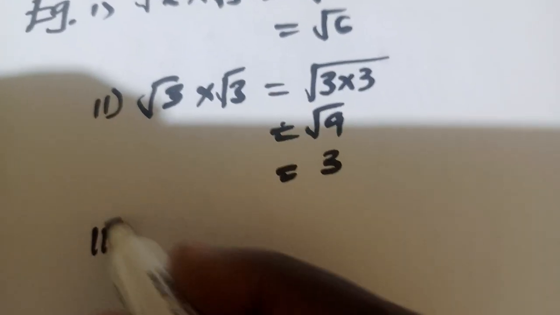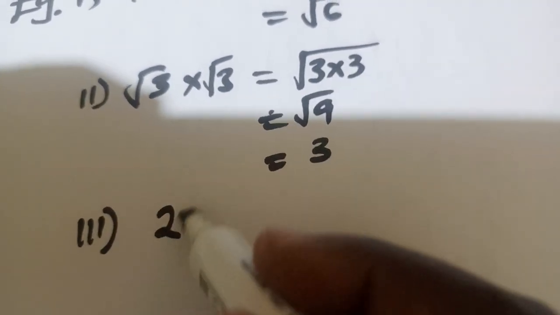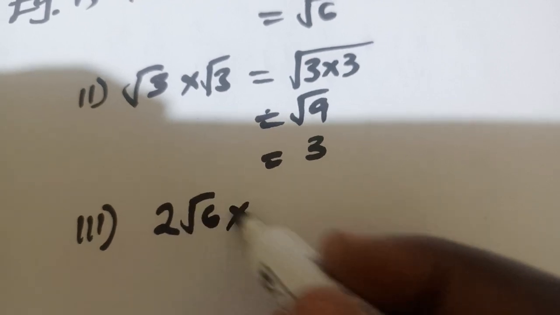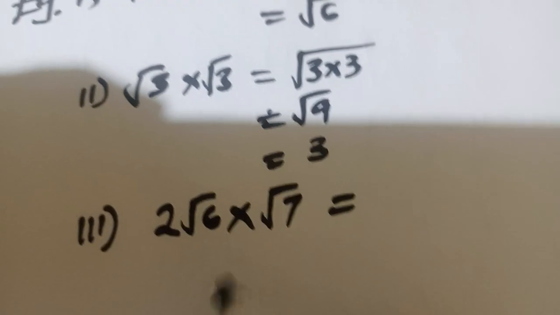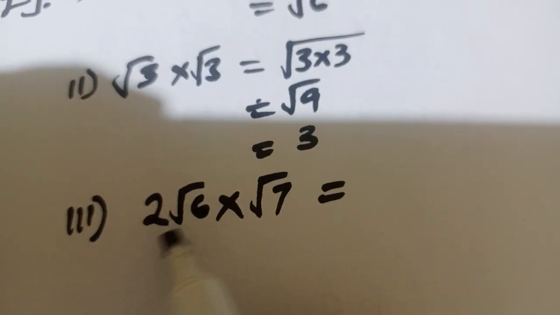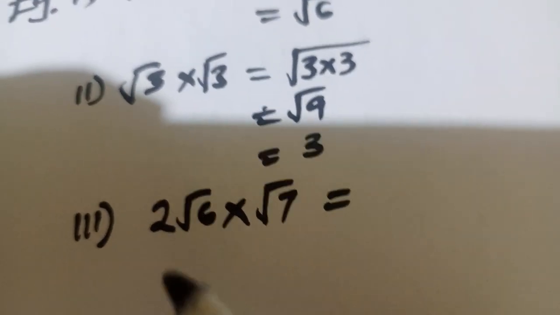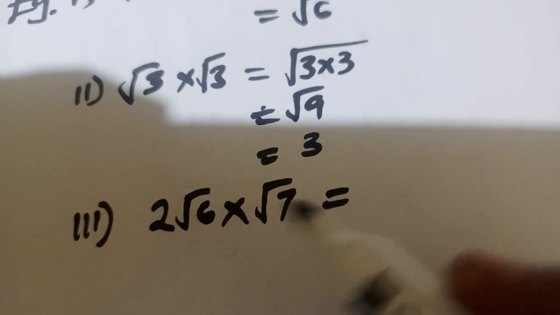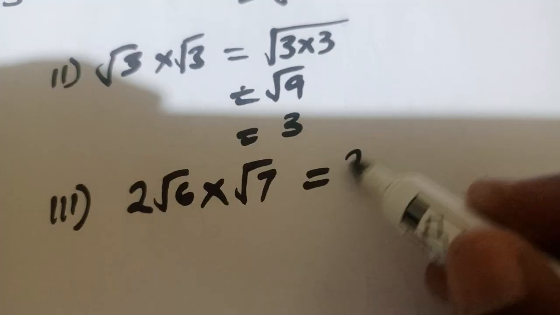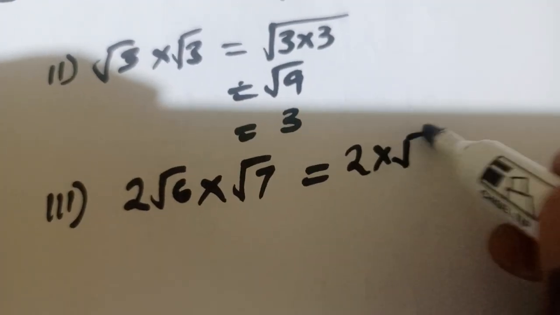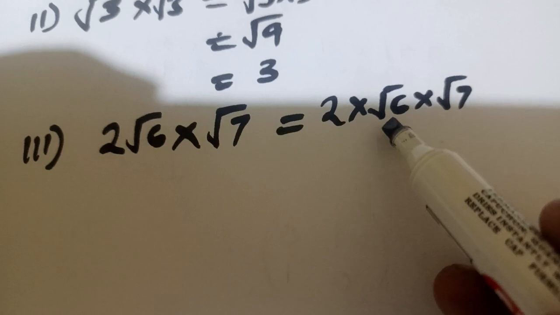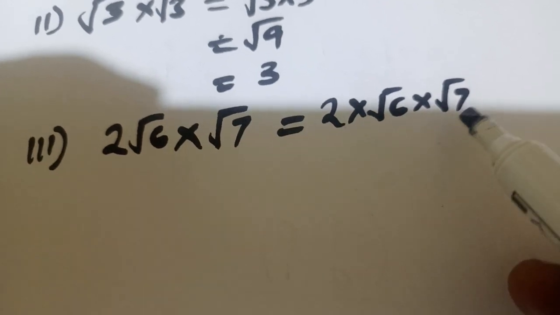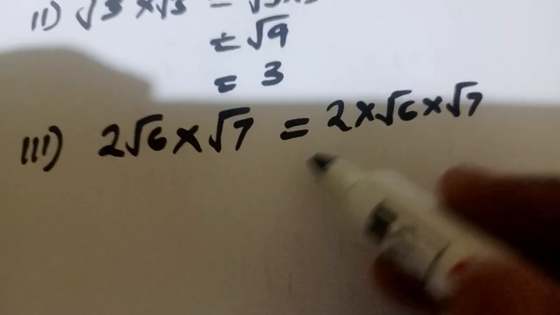Now let's consider another example. For instance, you could have a surd like 2 root 6. You are told to multiply it by root 7. Again, here we have a mixed surd, what we call a surd multiplied by a rational number, then multiplied by another surd. So this is the same as 2 multiplied by root 6 multiplied by root 7. So in this case, we'll deal with the surds on their own first and then multiply by the rational number.